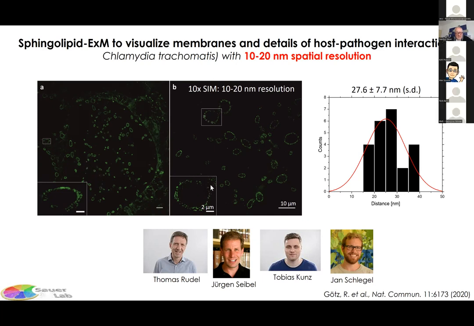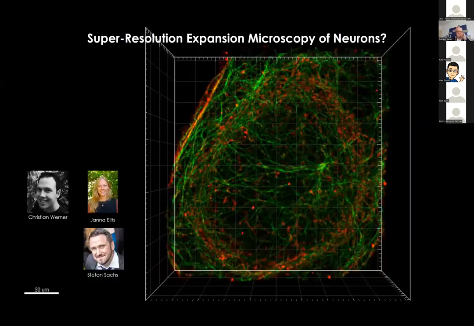And if you go into more detail here, you see that these are double membrane bacteria, and you can then determine the distance between the outer and the inner membrane of these gram-negative bacteria. And we came up with a distance of about 27 nanometers. From electron microscopy, we know that the distance between the outer and inner membrane is about 25 nanometers.